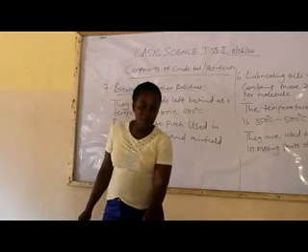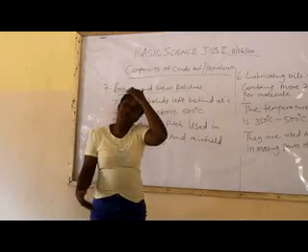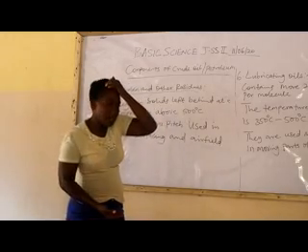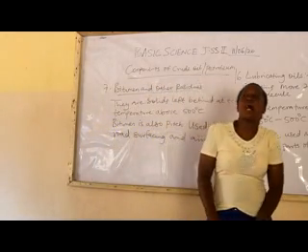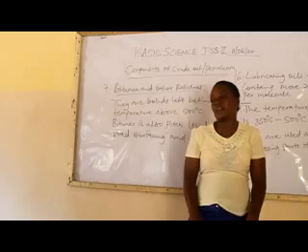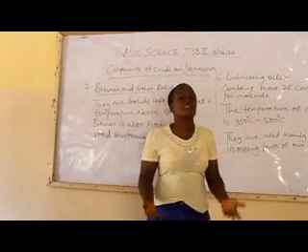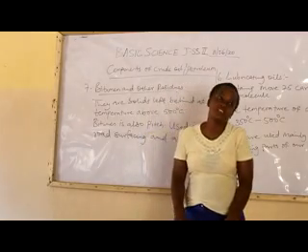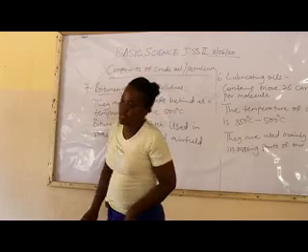Some of them are used in making pens, plastic chairs, even pipes that we use in our plumbing work. All these are products of petrochemicals. Some are even used in making roofing sheets. I will talk about it when we talk about petrochemicals.